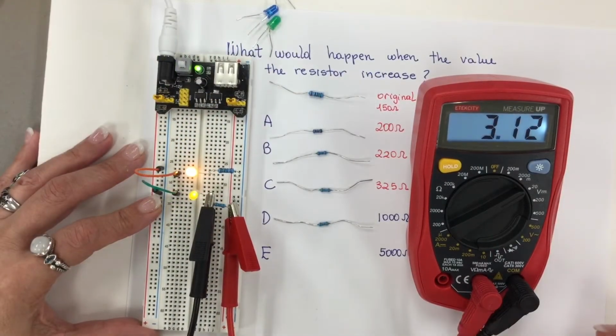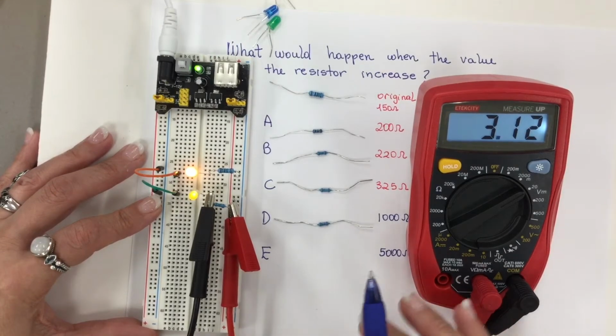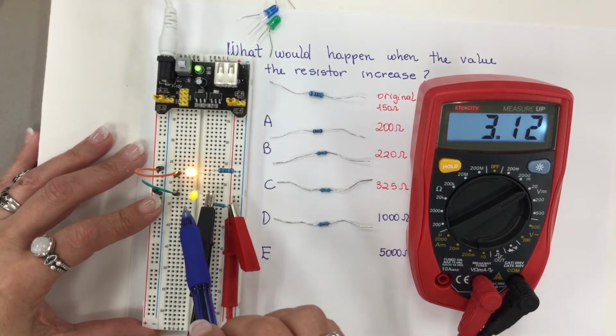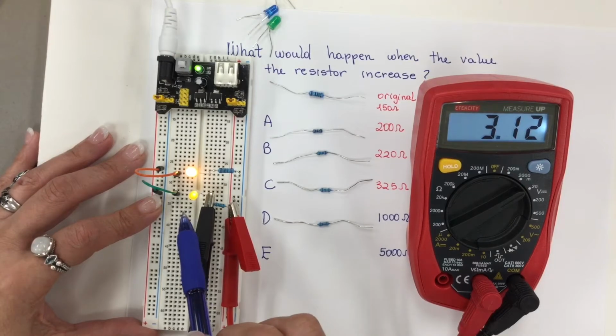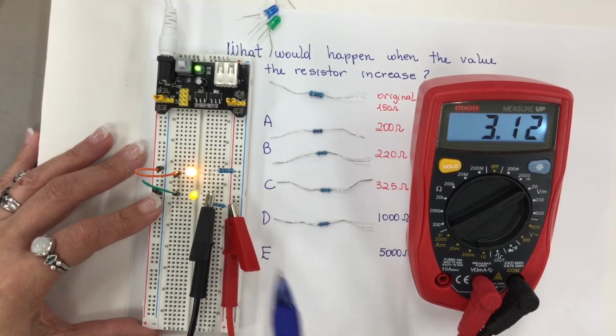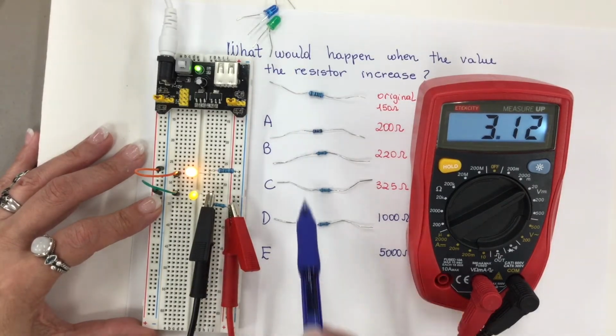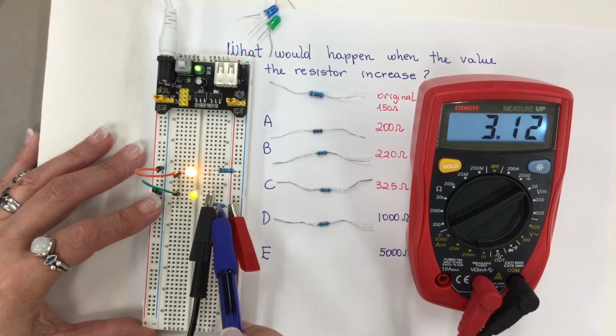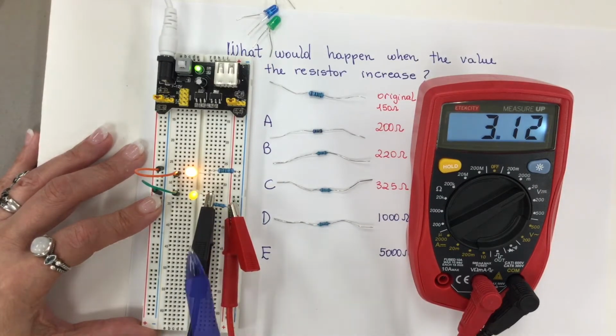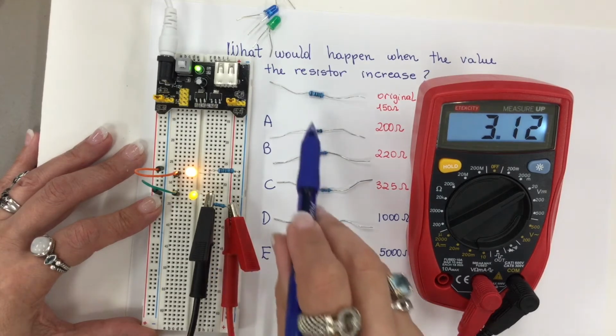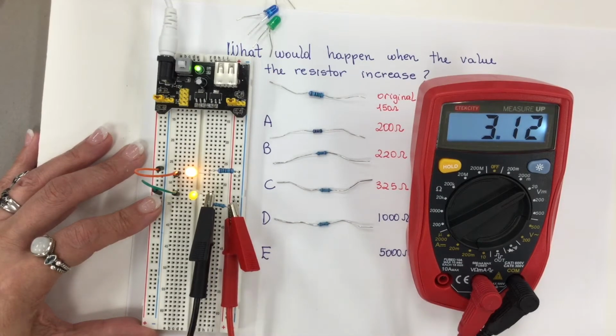In conclusion, in this experiment, I wanted to observe the brightness of a LED with the increase of resistance in series. I also wanted to measure the voltage across the resistor as it increases its resistance.